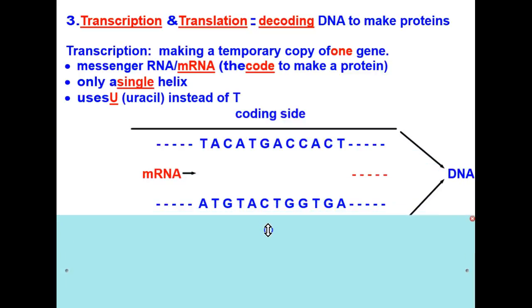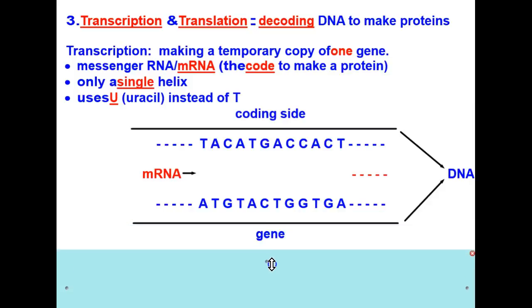Let's take this DNA strand, and you have the coding side of the DNA strand here on the top, and this is just a section of the DNA strand, which would be a gene.